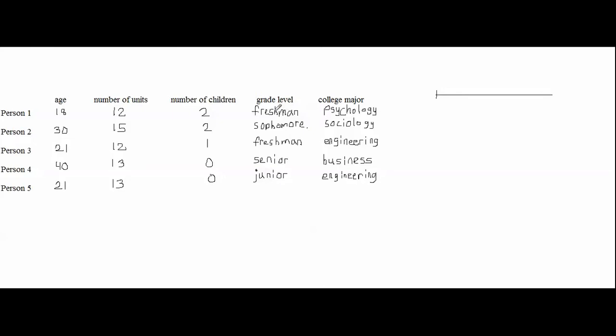So the values that appear in the grade level column are freshman, sophomore, junior, and senior. So we'll put those values down here. We'll put those words down here. I'll have to make the font smaller so it can fit.